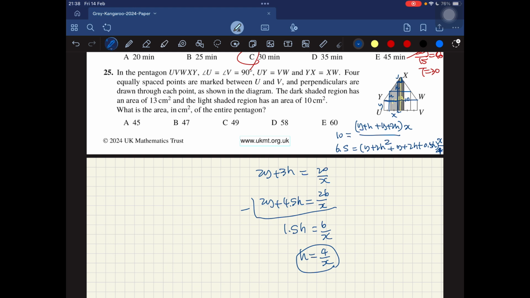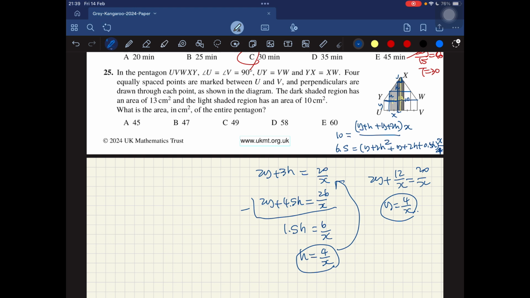So when h is 4 over x, we can calculate y also. So 2y plus 12 over x becomes 20 over x. So y is 4 over x. So we now know everything.